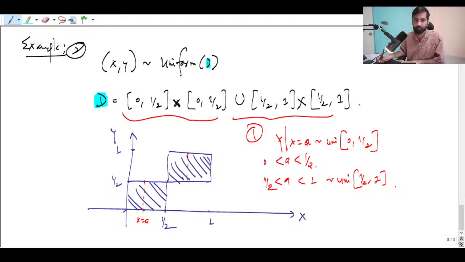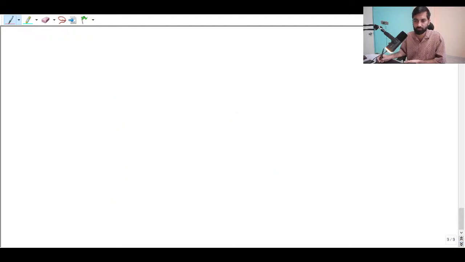Next, you can also fix Y equal to something, right? And you can find out, suppose we are finding the conditional density function for X given Y. So Y can take the value between 0 to 1 by 2, and we can also take the value between 1 by 2 to 1, right?